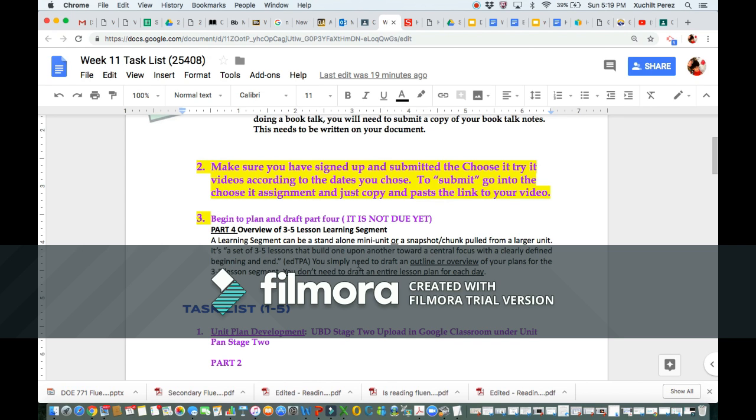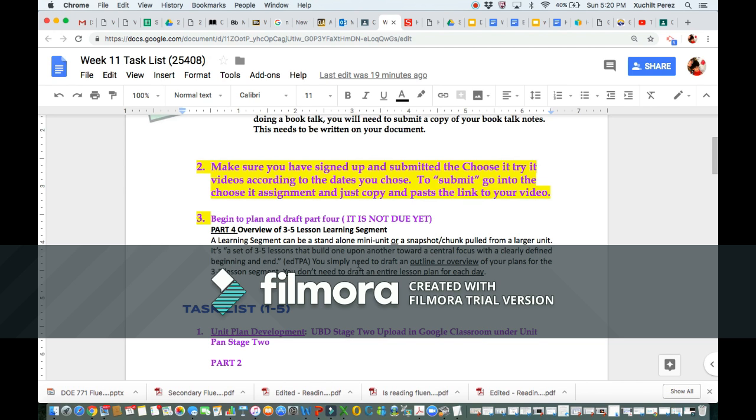The learning segment can be a standalone mini unit or a snapshot, a chunk pulled from a larger unit. So they should be 3 to 5 lessons that build one upon another toward a central focus with a clearly defined beginning and end. So it's 3 to 5 lessons.